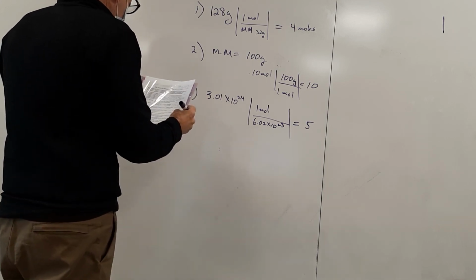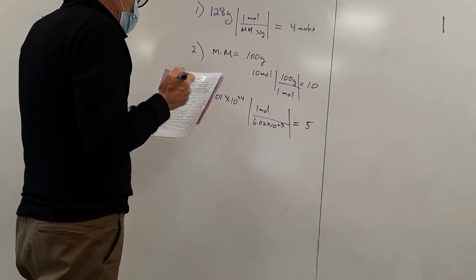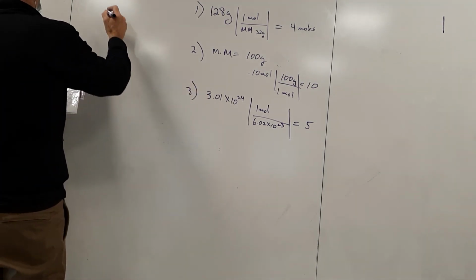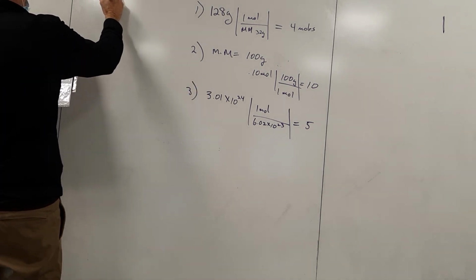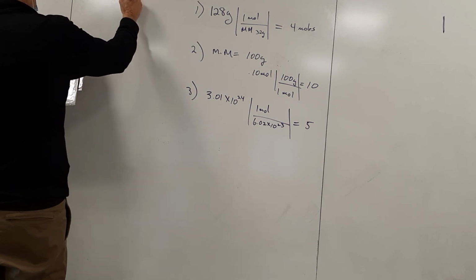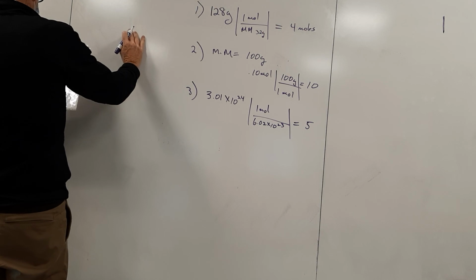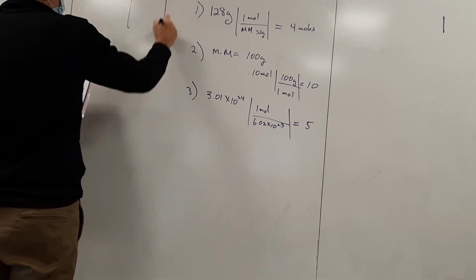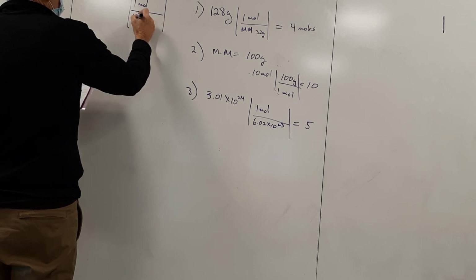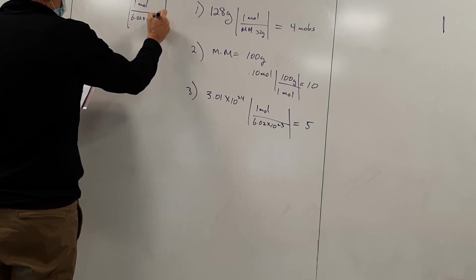Let's look at 4. What is the mass of that many molecules of sodium bromide? So 6.43 times 10 to the 22nd. Change that to moles. 1 mole is 6.02 times 10 to the 23rd.